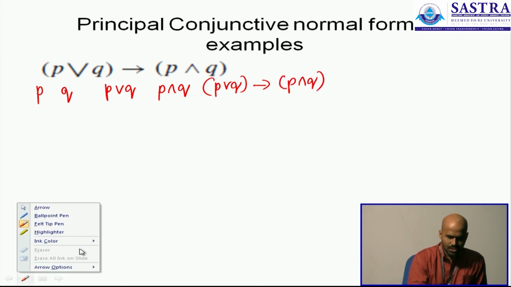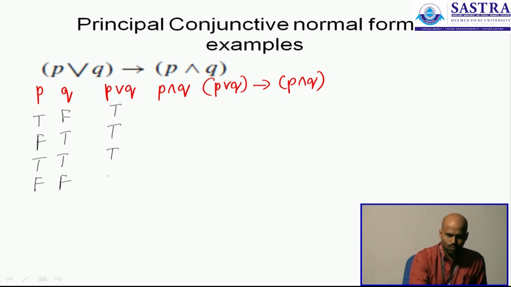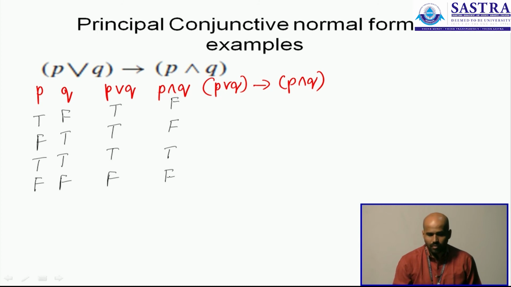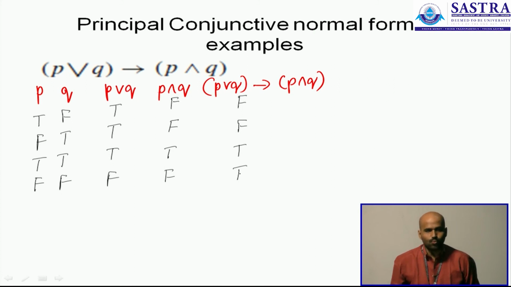So let's finish writing the truth table, the 4 rows that you need. True, true, true, false, false, false, true, and false. Now a conditional from column 3 to column 4. It's a false value to start with and a true value in the last two.